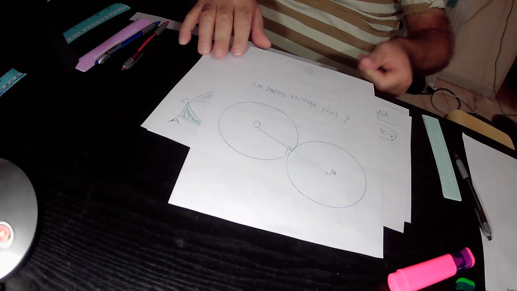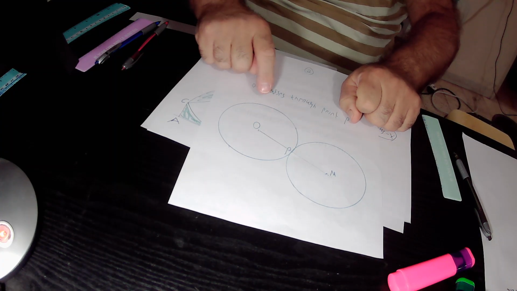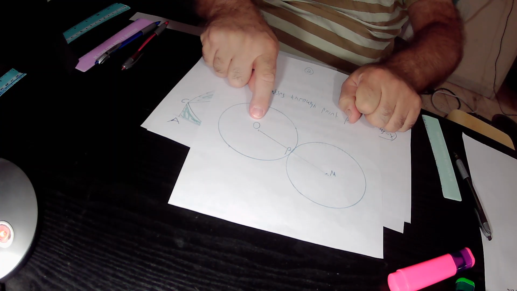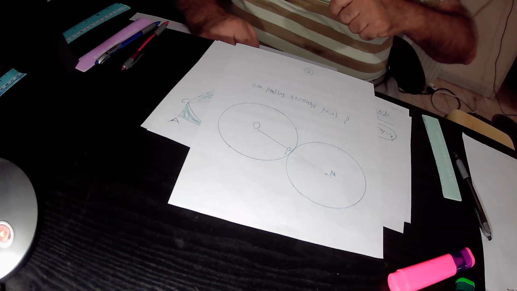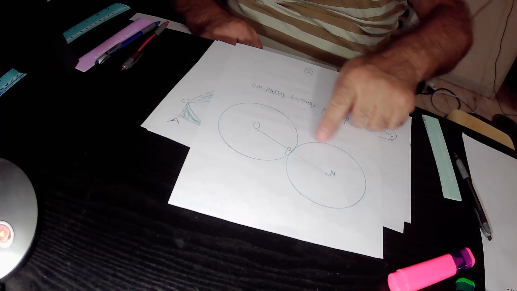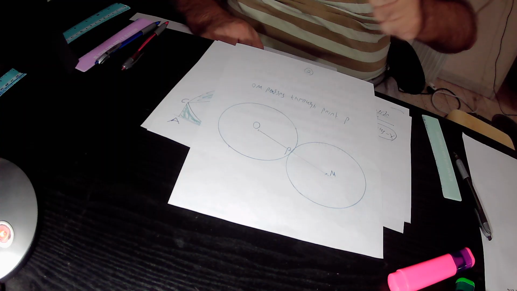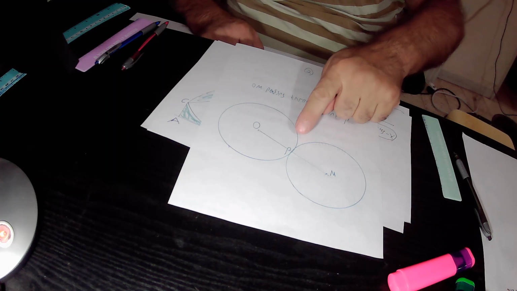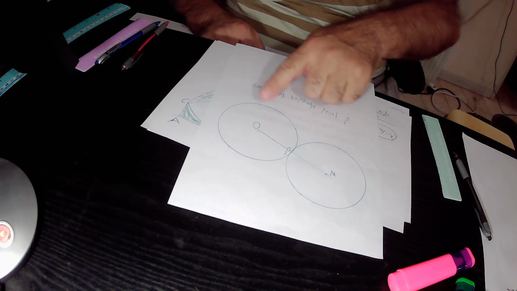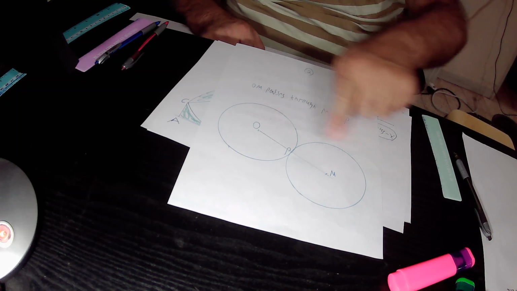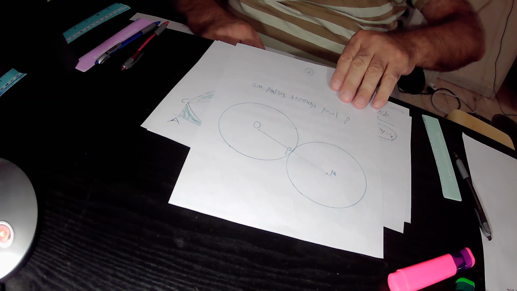In the drawing, we have those two circles that touch each other externally at point P. The center of this circle is at point O. The center of this circle is at point M. The straight line that connects the centers is of course the straight line OM, and according to rule 10, this straight line OM must pass through their touching point, that is point P. Or OPM is one straight line.